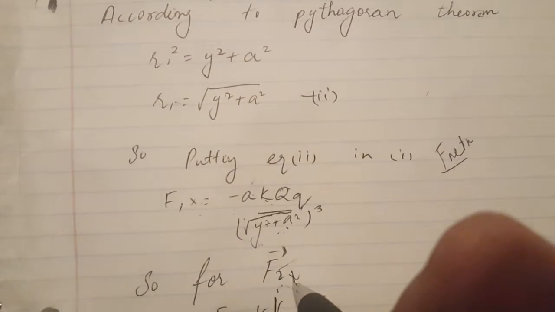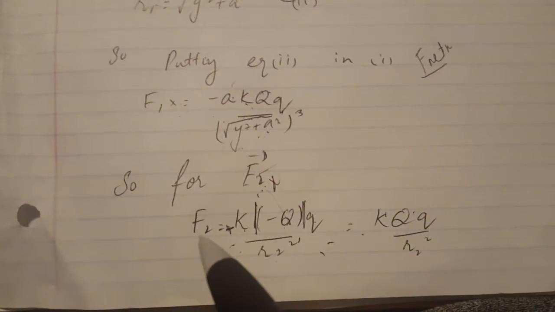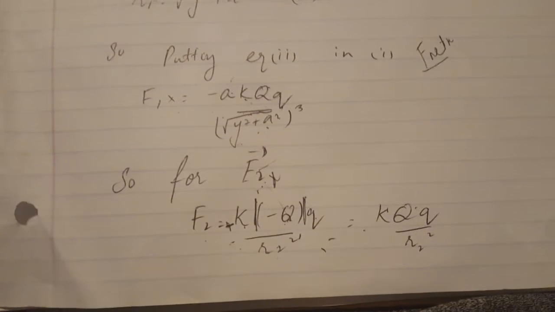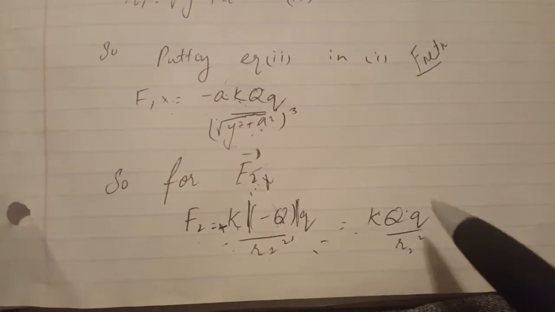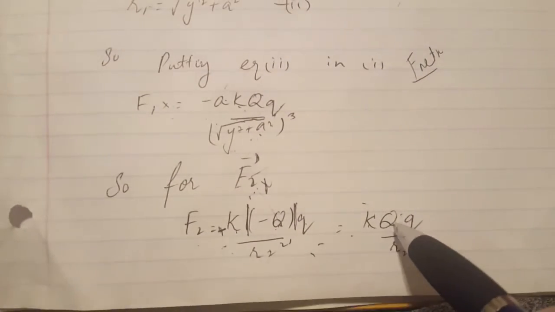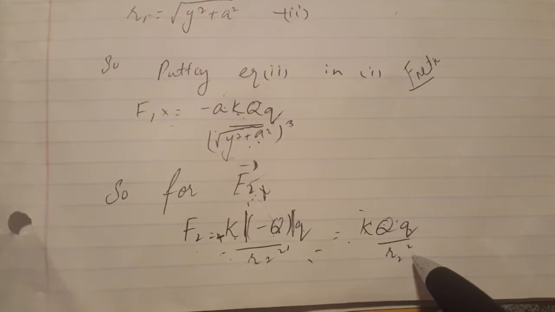In order to find F2x, we need to find F2 first. F2 would be very similar. We'll find F2 like F1 because they both use Coulomb's law. With the help of Coulomb's law, we get K, the product of those two charges, capital Q small q, over R2 squared.